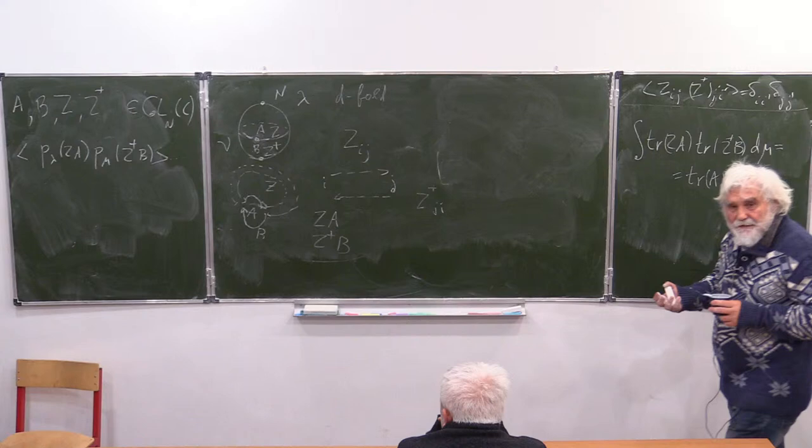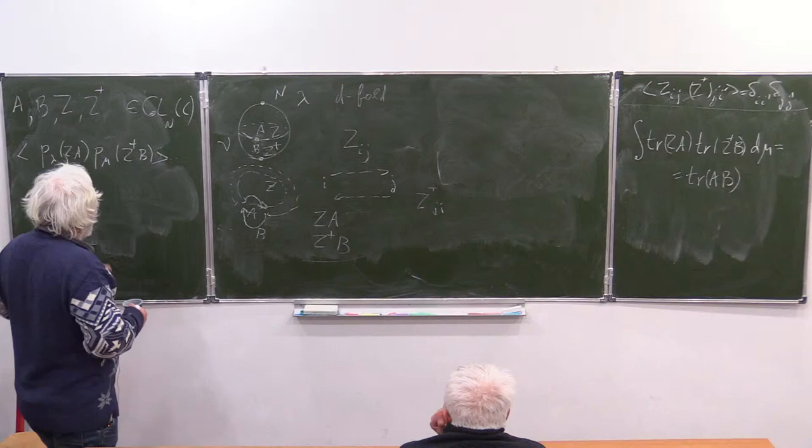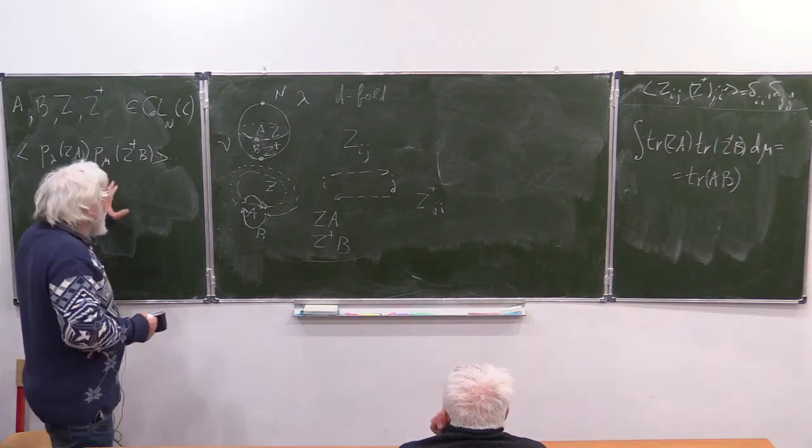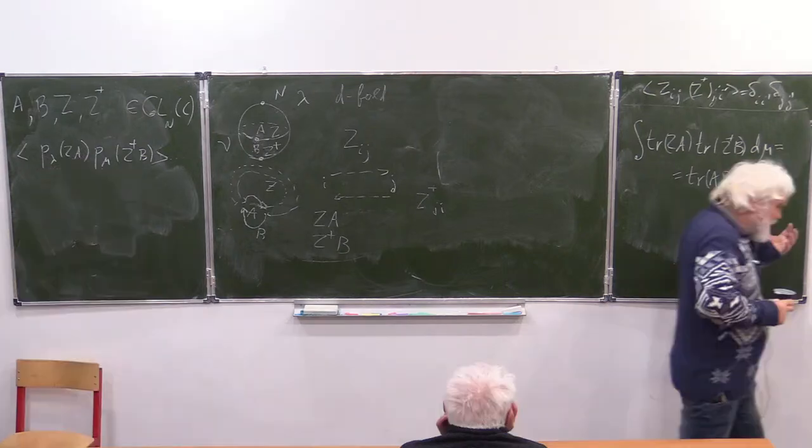And actually, this Wick theorem, I will say it in words, describes all possible pairings of Z. If you remember, this is a product of traces, and we have a polynomial term inside of these Gauss integrals, and the answer will be the sum of all possible choices of pairings.